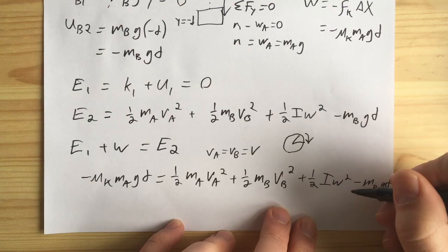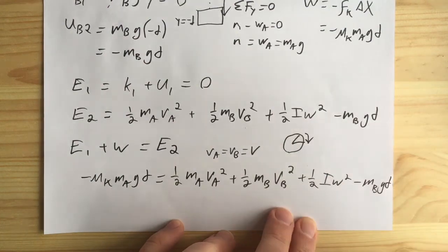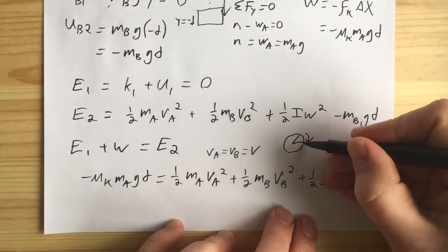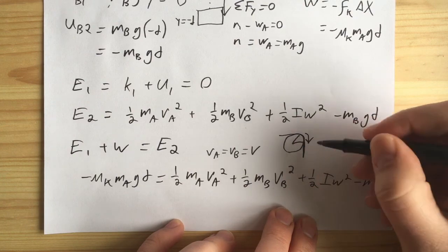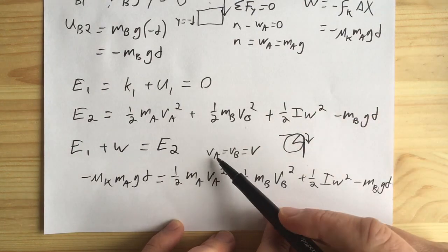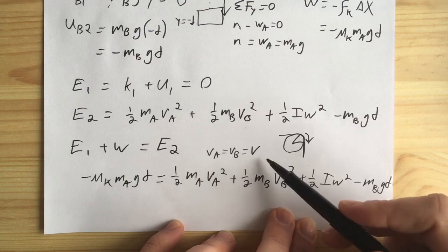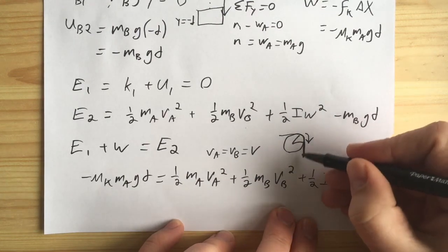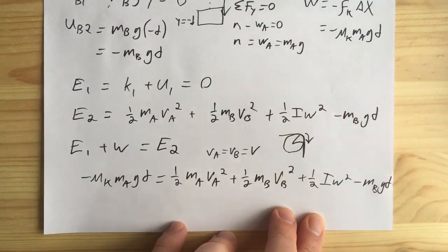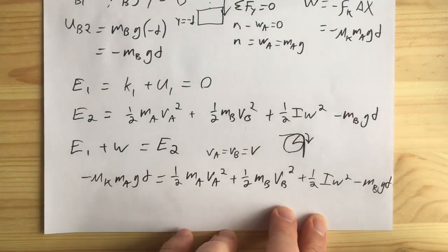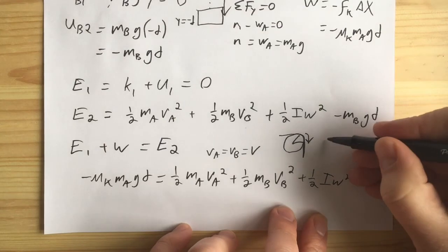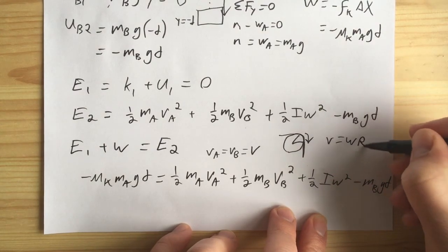And so we want to put this in terms of a linear velocity. Basically, if the string is wrapped around the pulley and the string is moving at the velocity of A and the velocity of B, they're all connected, so they should all have the same velocity. That means the edge of this pulley also has to be moving with that linear velocity. And we have an equation that relates linear velocity and angular velocity, and that is v is equal to omega r.